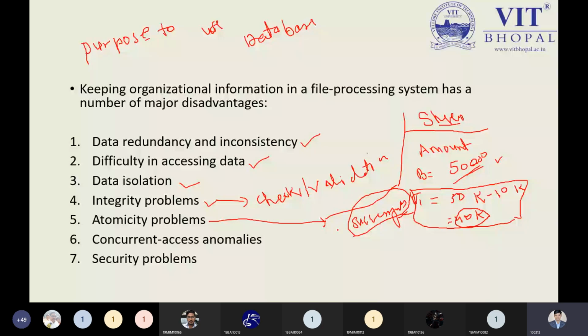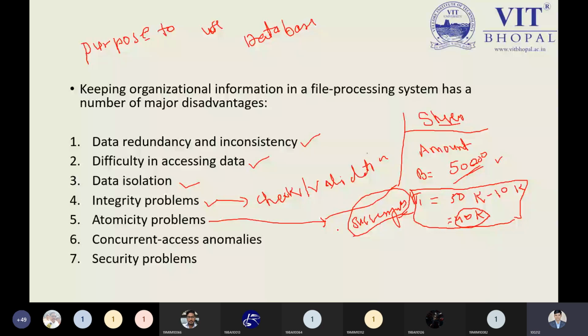Have you ever seen such information while booking a ticket on IRCTC? This is also related to atomicity, which is maintained not by the system but only by the database system. That's why the database is a necessary part.